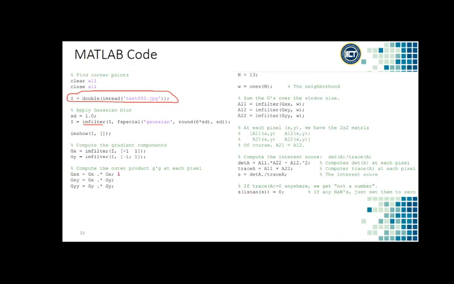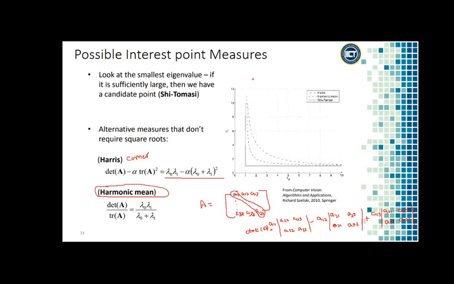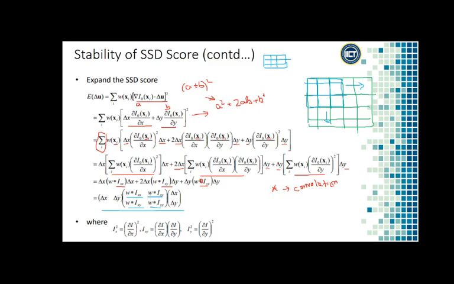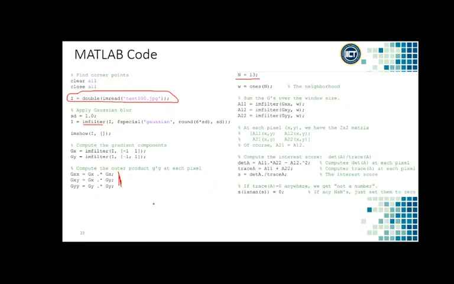Once we get these three gradient maps, we create a window of 13 by 13, similar to this. This window here is 13 by 13, and we apply this window to all of the gradients, like gx squared, gxgy, and gy squared, because the window is convolved with the computation.